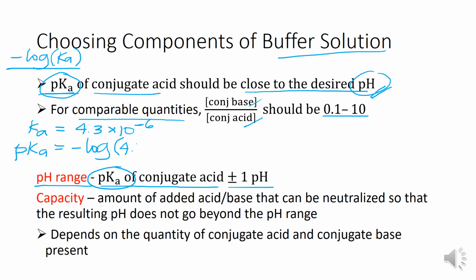So that's 4.3 times 10 to the negative 6. Let's calculate the value. Negative log of 4.3 exponent negative 6. Okay, and that is 5.37.